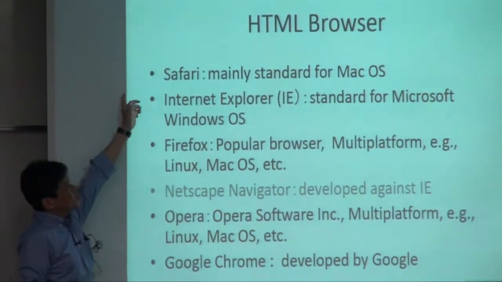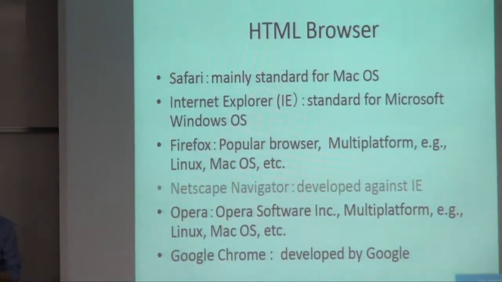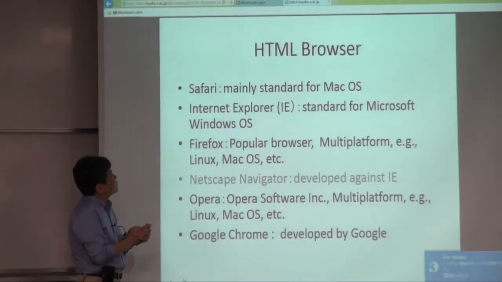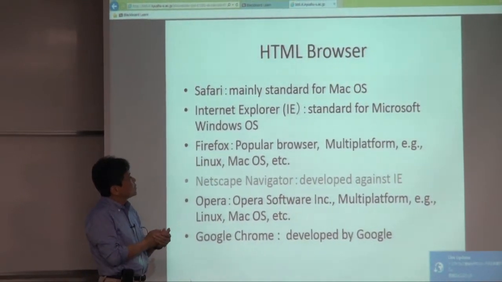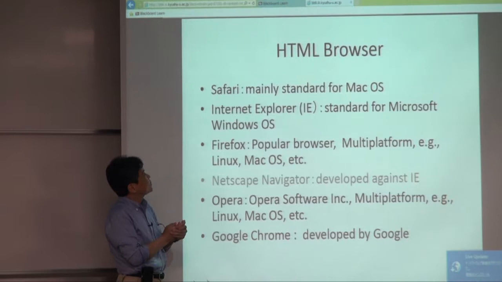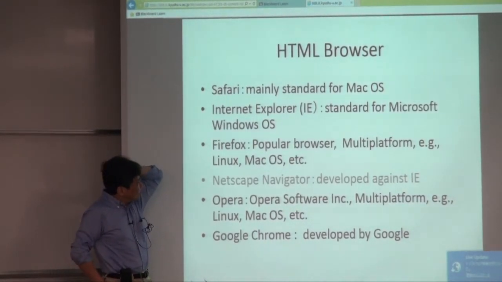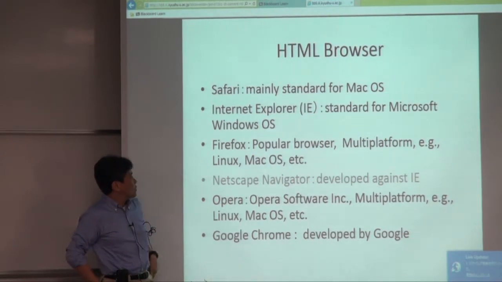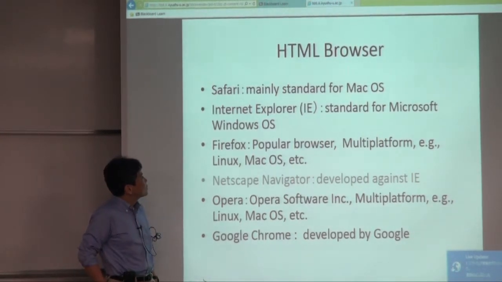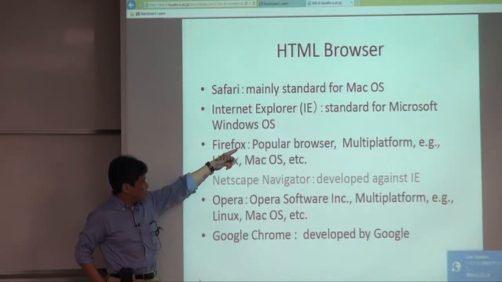So there are some HTML browsers. Safari is the standard browser for Macintosh, and the Windows standard browser is Internet Explorer, IE. And there are third-party browsers, one of which is Firefox.